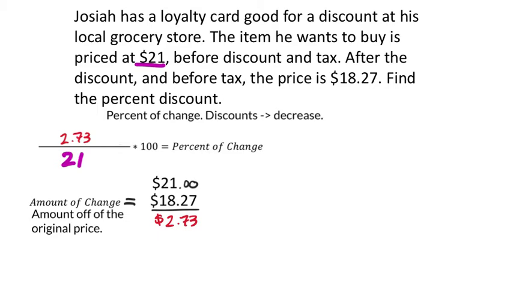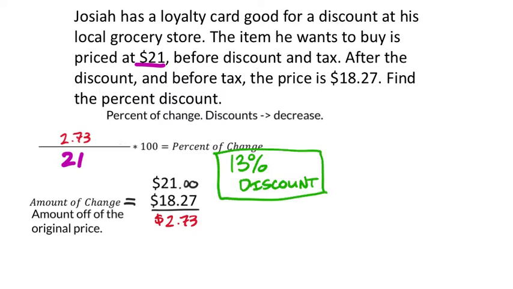This time I'll use the division button. So 2.73 divided by 21, and I can just multiply straight by 100, and it shows me the percent of change here as 13. So it's 13%. Just to be specific, it's a 13% discount as our percent of change.